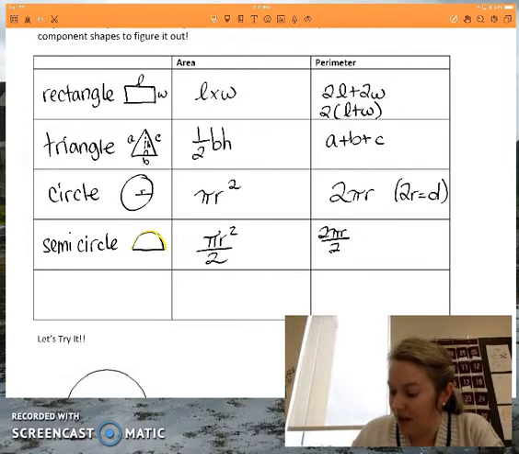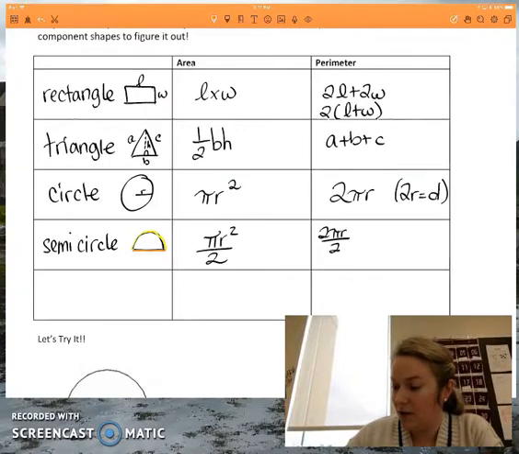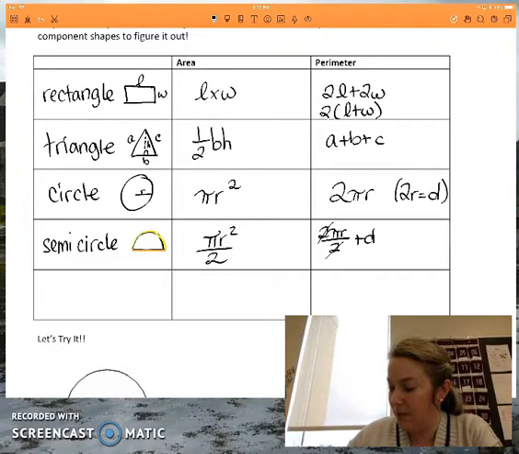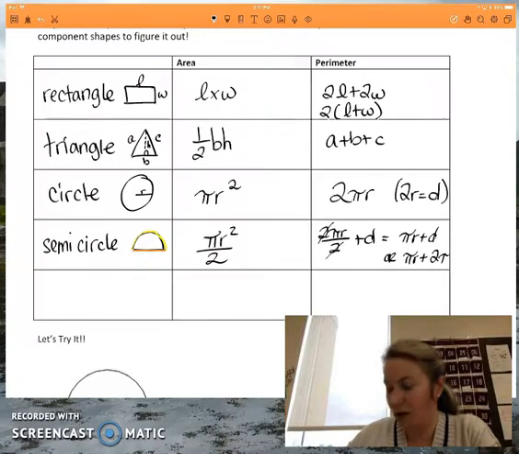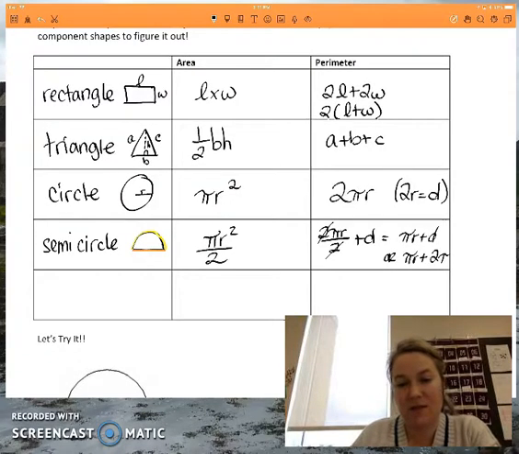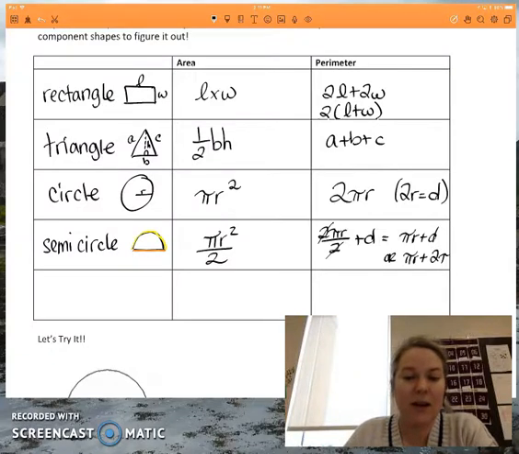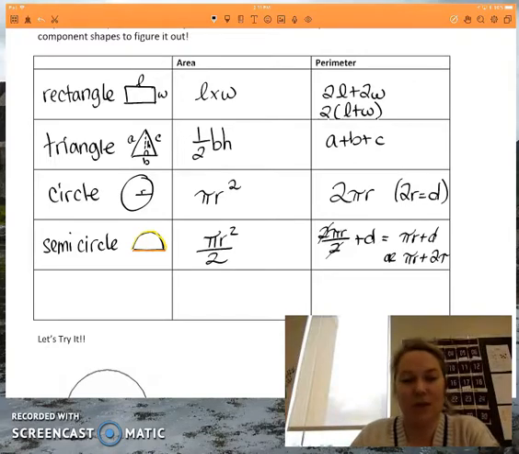And then we have to add back in that part, which is plus the diameter. So let's do a little math here. It's going to be pi r plus d, or pi r plus 2r. So you can write it like that. Again, it's just a little bit of logic figuring it out, depending on where it goes in the rest of the shapes.